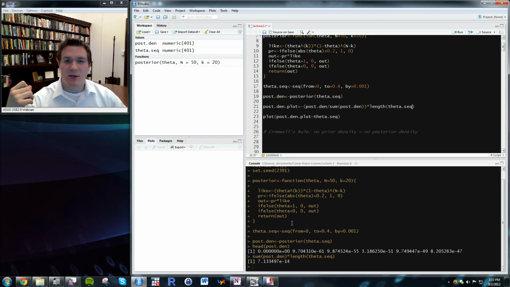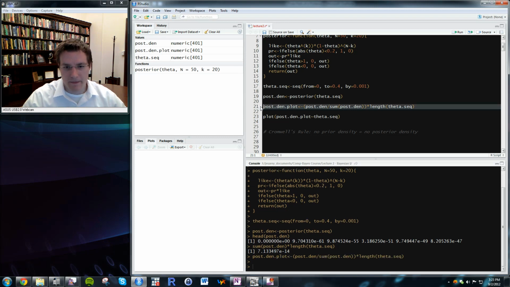So now if I do this posterior plot, and I ask what's the integral under my density, I should be able to estimate this integral by summing up the posterior density plot times 1 over the width of the bin. The width of the bin is the length of the theta sequence.